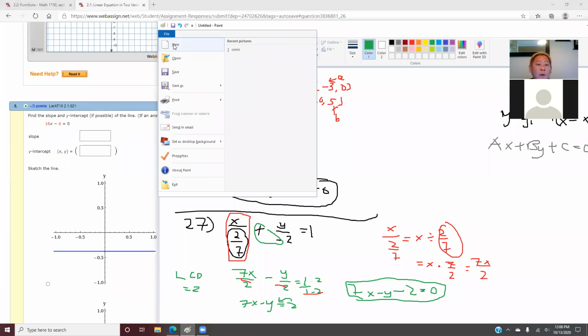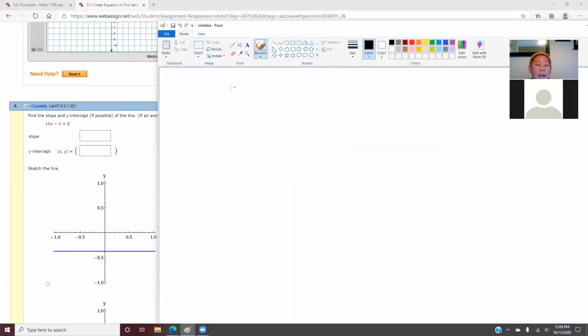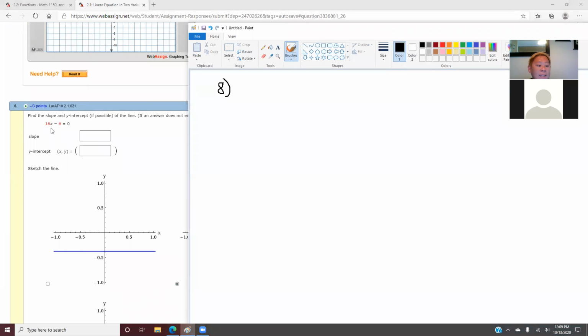To do question 8, again, this is 2.1. This question is asking us to find the slope and the y-intercept and then sketch this line. So this is 16x minus 6 equals 0. Now, if you look at this equation, it only has an x variable. Usually, an equation has an x and a y variable.